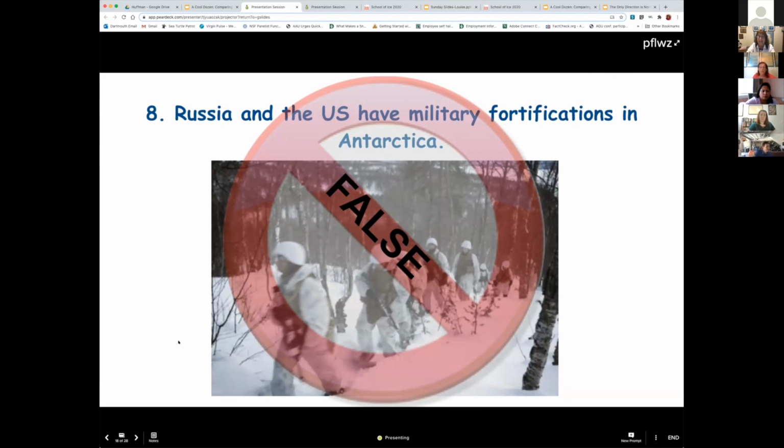But when I used this with another group of scientists, some pretty good arguments were made, because they both use their military to support the science. So you fly in on an Army cargo plane, for example. The military icebreakers bring supplies in. So the military has a presence there, but not as a military presence.